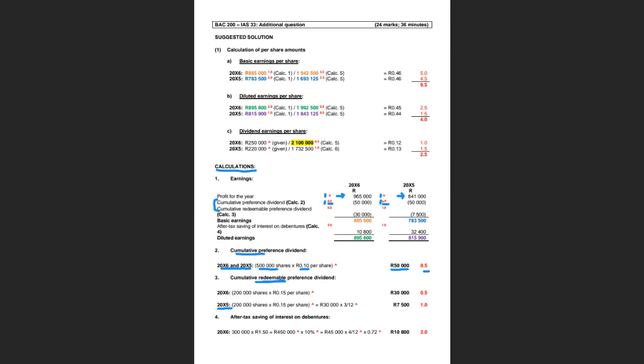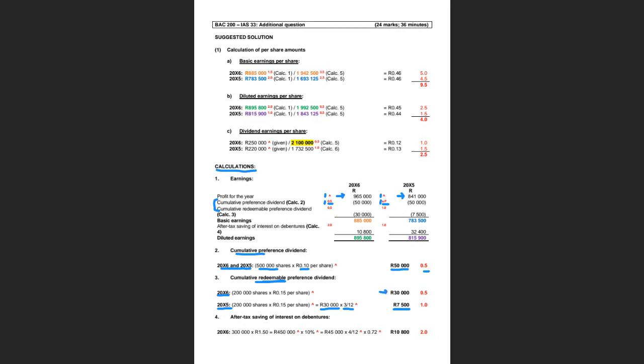So they took the 30,000 Rand we calculated and apportioned it for 3 months over 12, and we got an amount of, sorry, not 750, 7,500. That is now our dividend for 2015. In 2016, there was no need to apportion it. It was in issue for the whole year, so they took the whole 30,000.